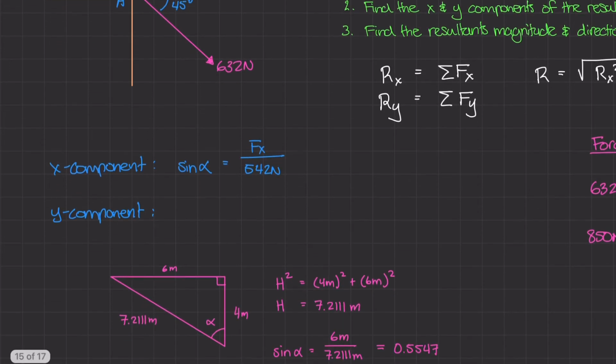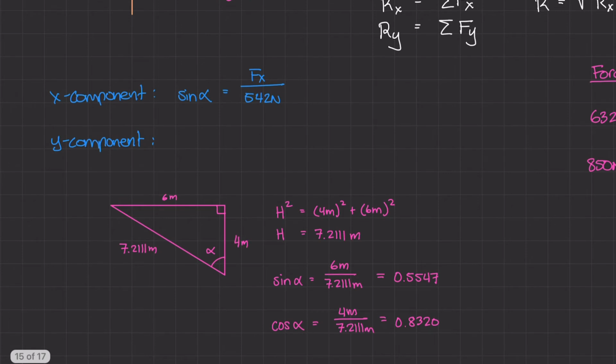So back here, sine of alpha is F of x over 542 newtons. Well, we know what sine of alpha is. We figured out what sine of alpha was down here. It was this 0.5547. So what I could do first is rewrite this by multiplying 542 by both sides.